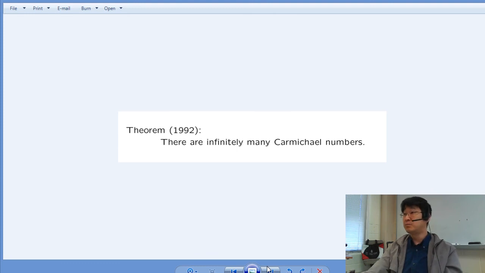Carl Pomerance is now at Dartmouth, and Andrew Granville in Montreal. I was there during that amazing activity, and I was privileged to study under that amazing group of number theorists. Carmichael numbers.